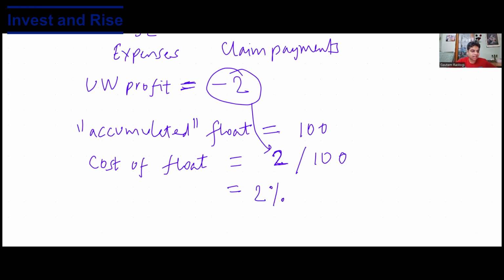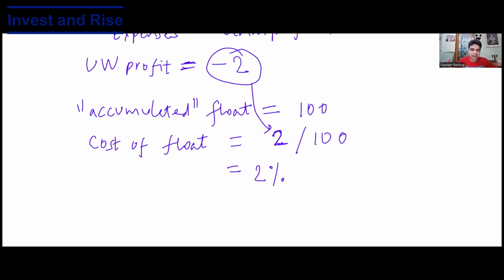All right. Think of this cost of float as the cost that they paid to get this money. See, a bank pays interest on the deposits, right? So that is the cost of funds for the bank. The deposits are money that the bank has, but doesn't own.